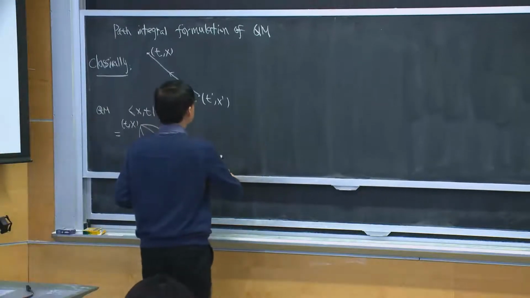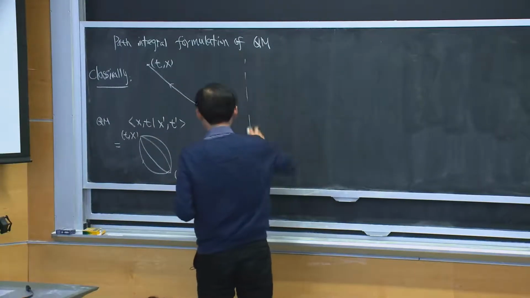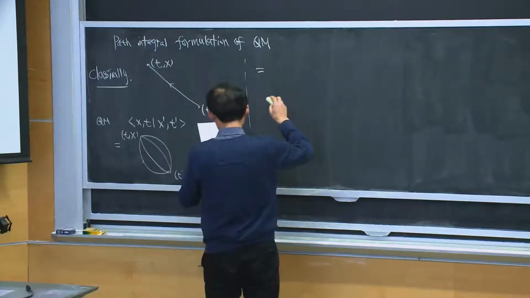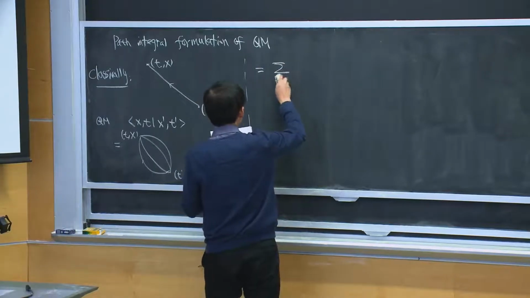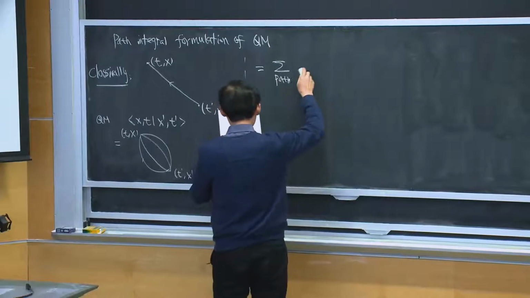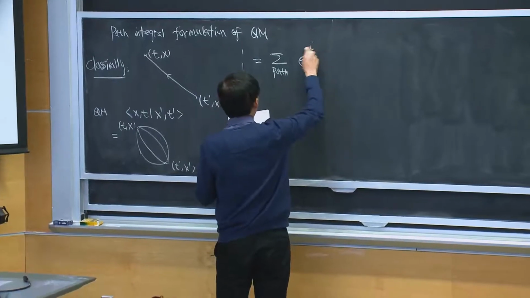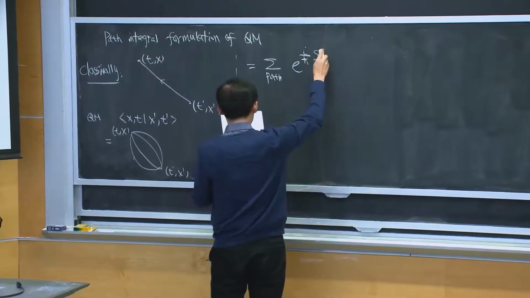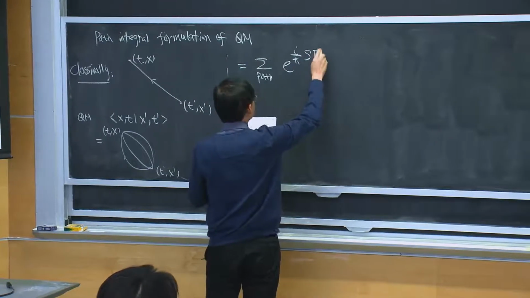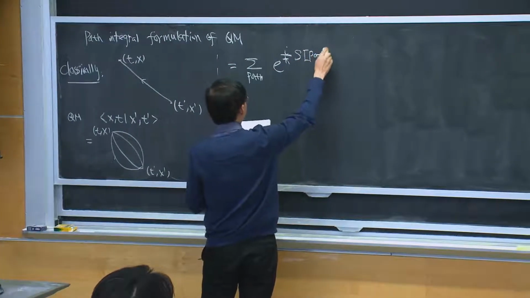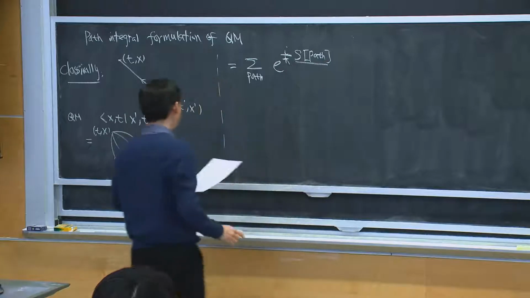So more explicitly, you sum over all paths, and the weight is given by the exponential of iS over h bar. For each path, you have an action, and you just evaluate the action for each path.